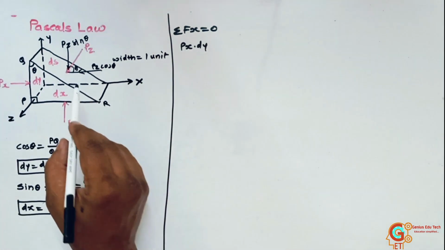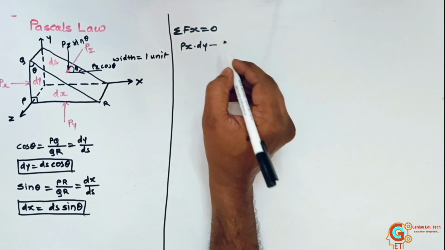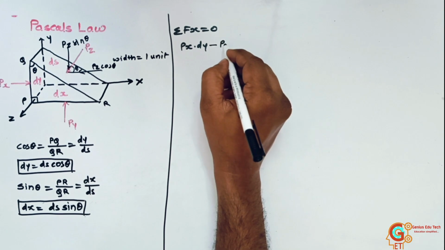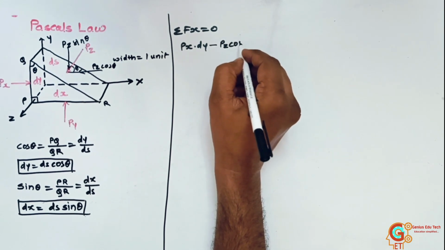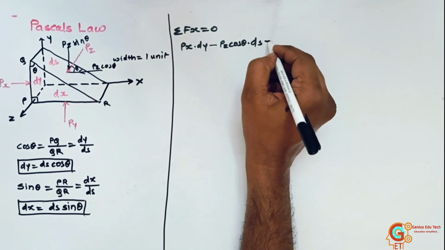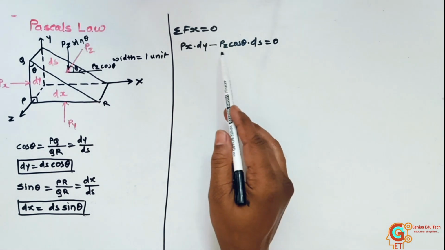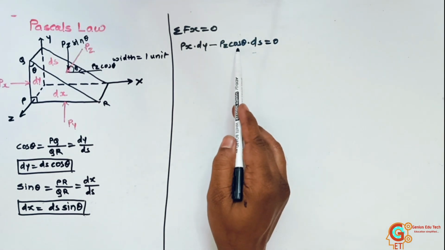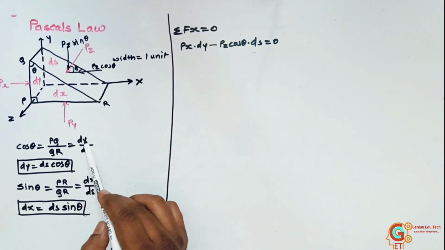Second force is Pz cos theta, which is acting in negative x direction. Pz cos theta acting on area ds is equal to 0. Now let us simplify this equation. What is cos theta? From here we can see cos theta is dy by ds.